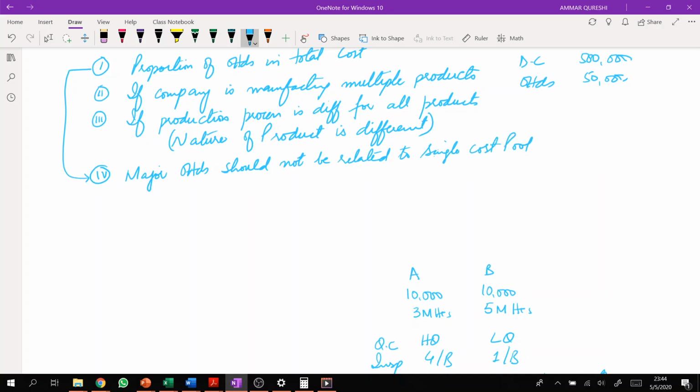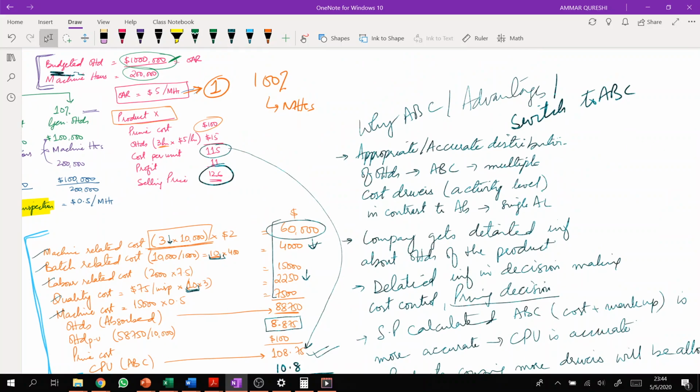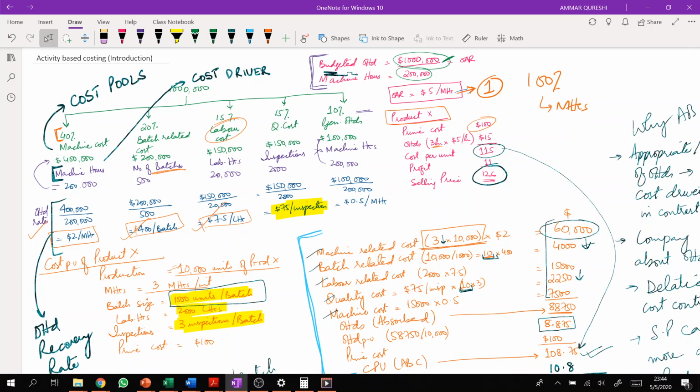Now, what do you mean by this? See, suppose there is 100%, and let's consider the same example. In this example, we know that 40% of the cost is related to machine and 60% is related to some other area. But if I change this proportion and say that 80% of the cost is machine related and 20% is other cost, then when you switch to activity based costing, you will still distribute 80% of overheads based on machine hours.